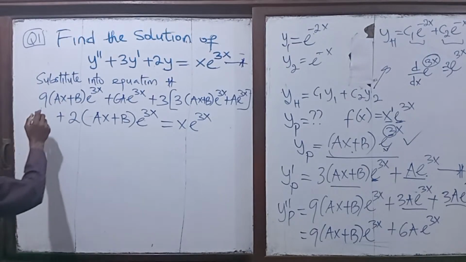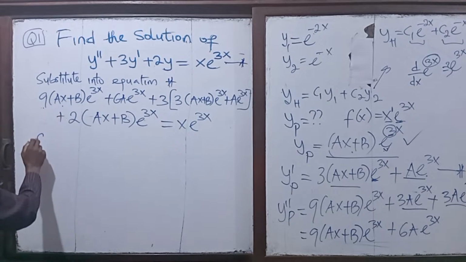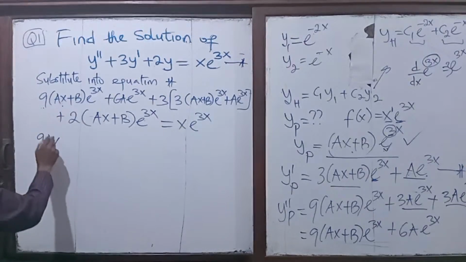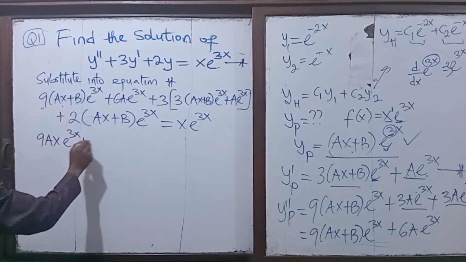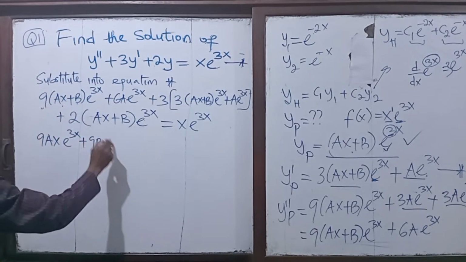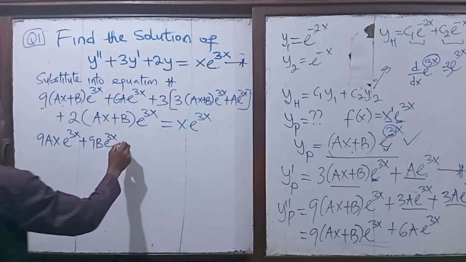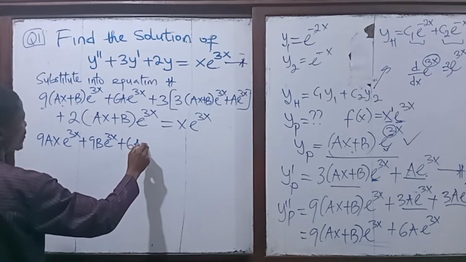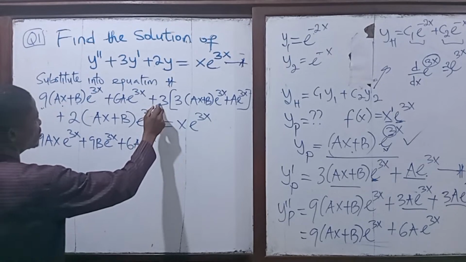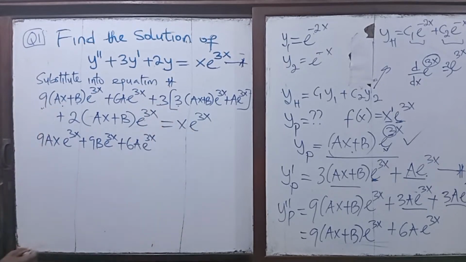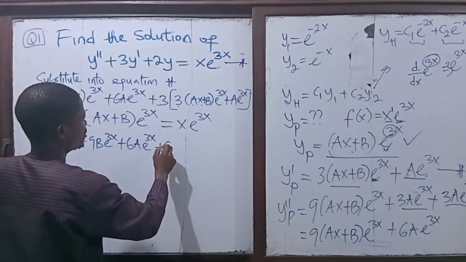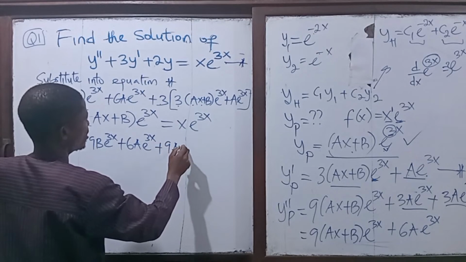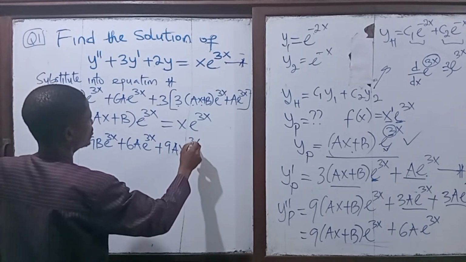So that will be this one times this one, that's 9ax e to power 3x. This one times this one, that's plus 9b e to power 3x, plus 6a e to power 3x. 3 times 3, that's 9, 9 times ax, that's plus 9ax e to power 3x.